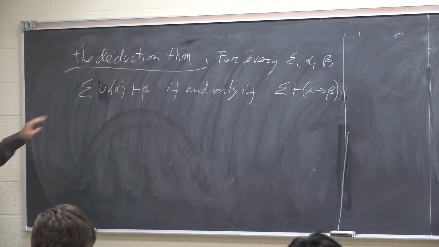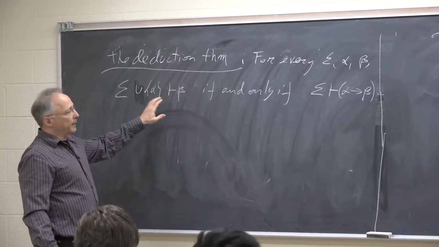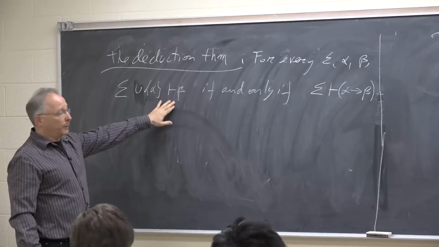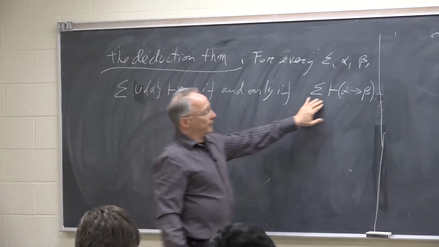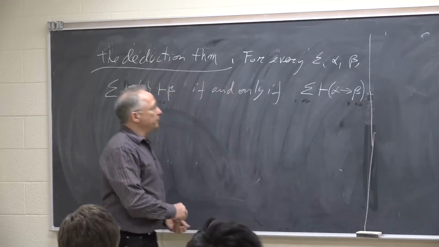It tells me about the connection between proofs and the arrow symbol. If based on the assumption alpha I can prove beta, then I can prove that alpha arrows beta.